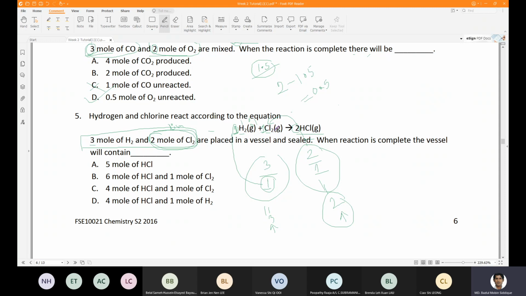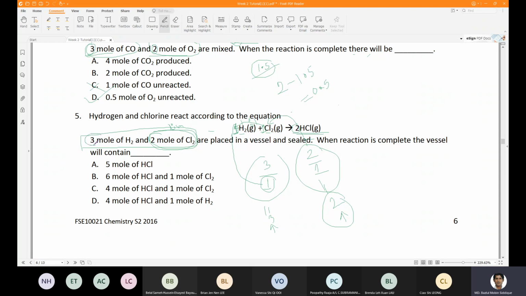If 100 moles of chlorine are used, it will take also 100 moles of hydrogen. If 1 million moles of chlorine are used, it will take exactly 1 million moles of hydrogen for the reaction to be finished. But since we have only 2 moles of chlorine, 2 moles of chlorine will take 2 moles of hydrogen with it, and then it produces hydrogen chloride.